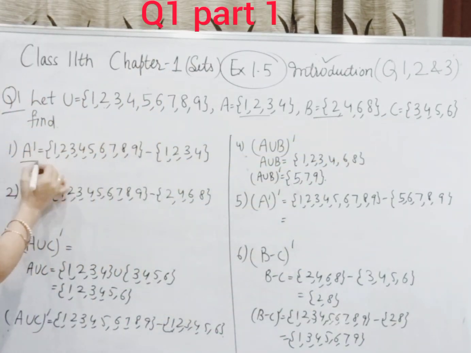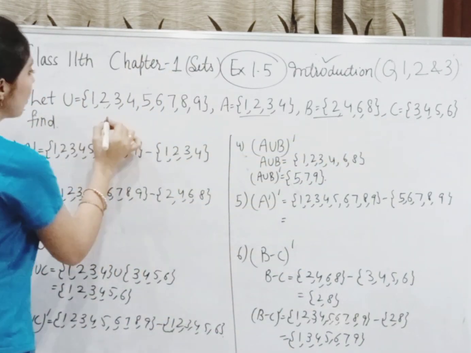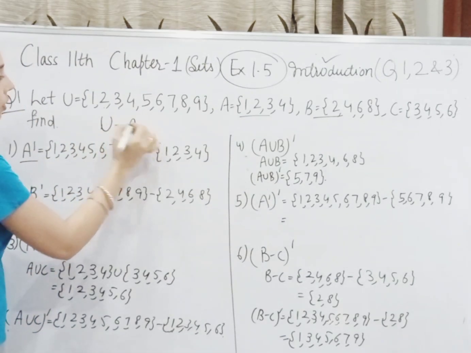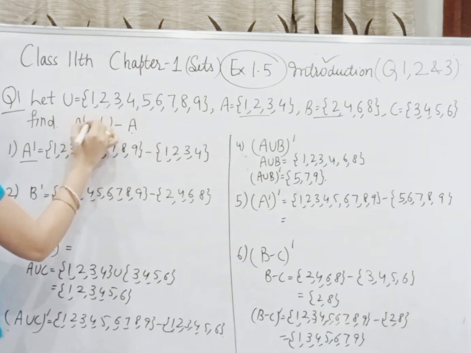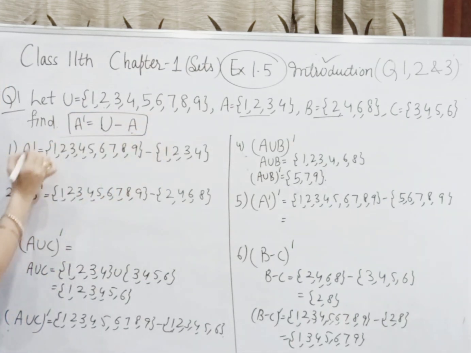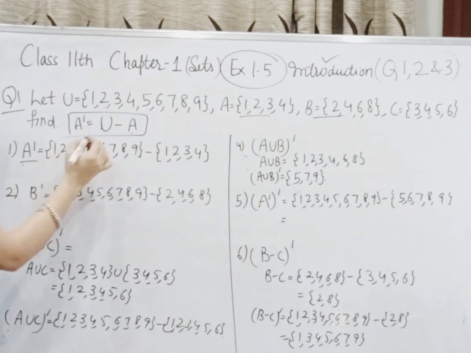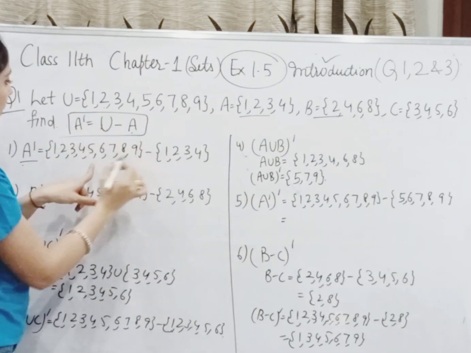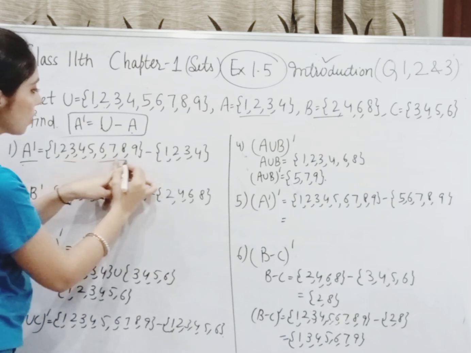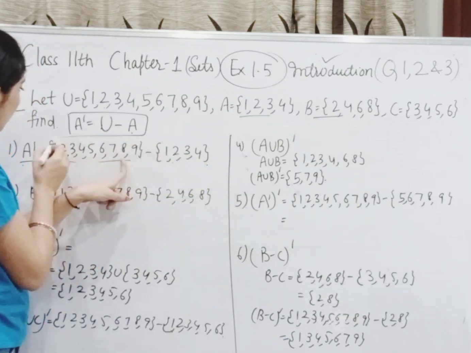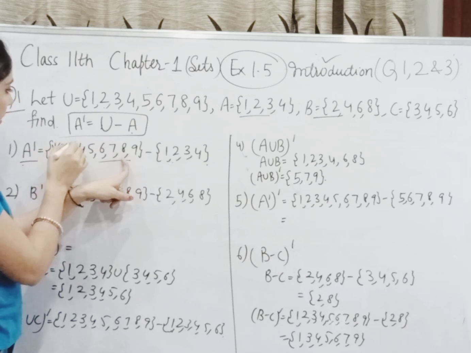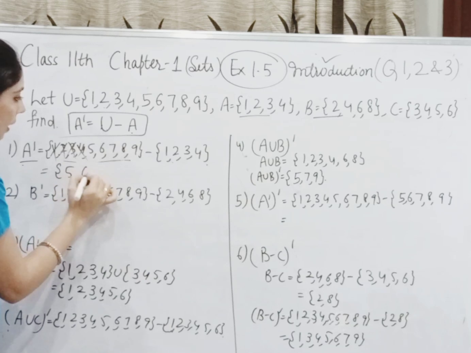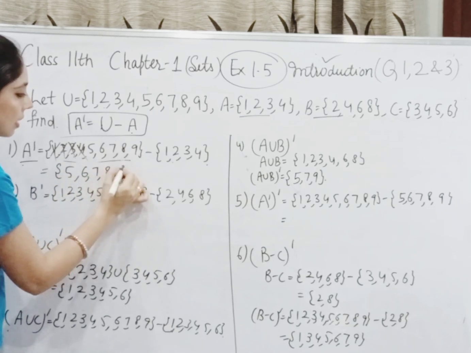We have to find the complement of A. We know that in a complement we have those elements of the universal set which are not in the set A. So, we will find all the elements of U which are not in A. So, 1 will be discarded, 2 will be discarded, 3 and 4 will be discarded. So, the answer will be 5, 6, 7, 8, 9.